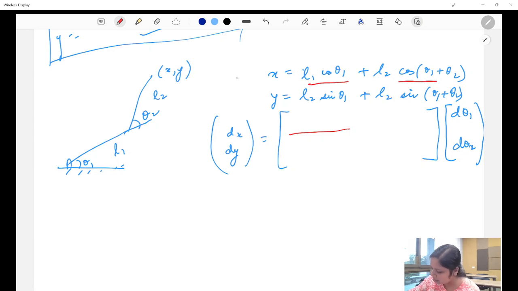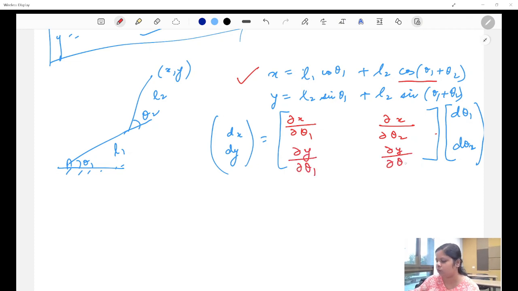When we differentiate x with respect to theta 2, it would come here. Similarly, y with respect to theta 1 would come here, and y with respect to theta 2 would come here. So let's fill this. We want del x upon del theta 1, del x upon del theta 2, del y upon del theta 1 and del y upon del theta 2.